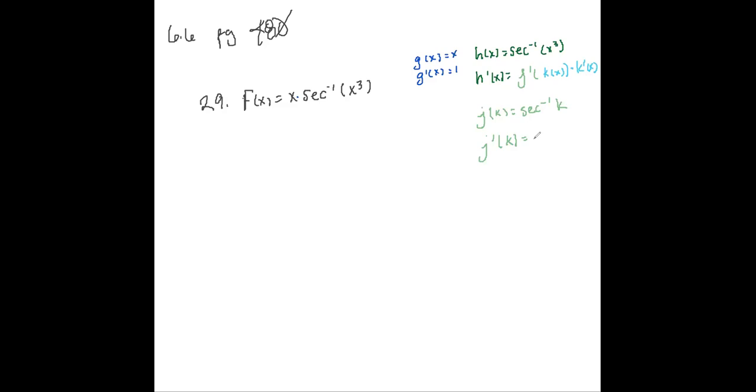The inverse secant, 1 over root 1 minus x squared. The only thing we're missing there is a big old x right here. So it's 1 over x times the square root of 1 over x squared.